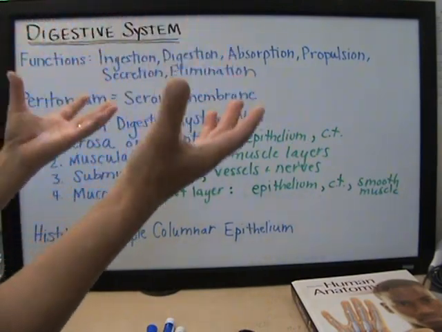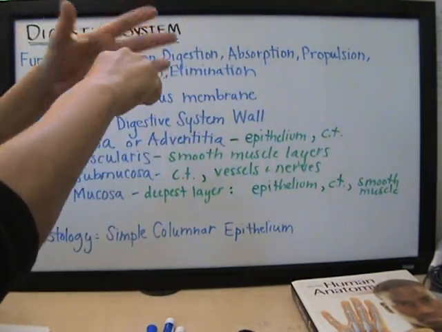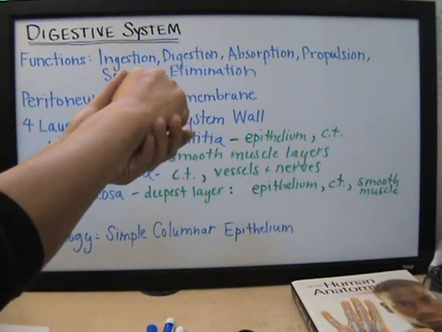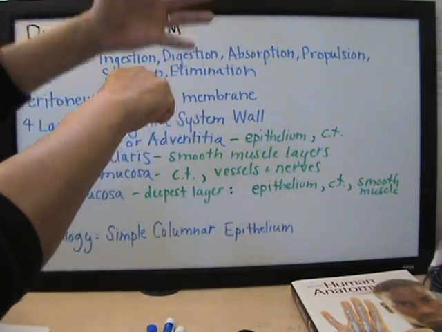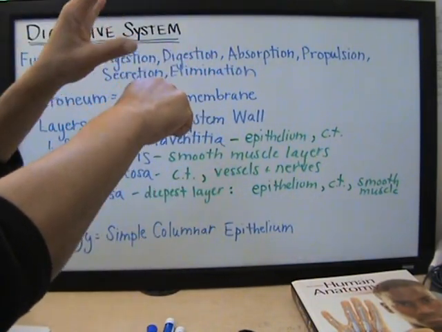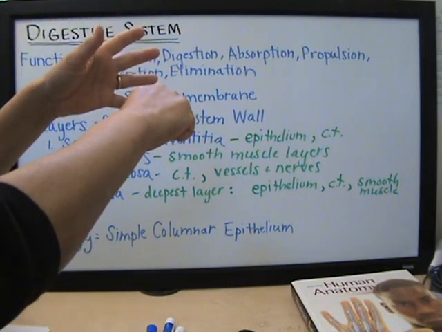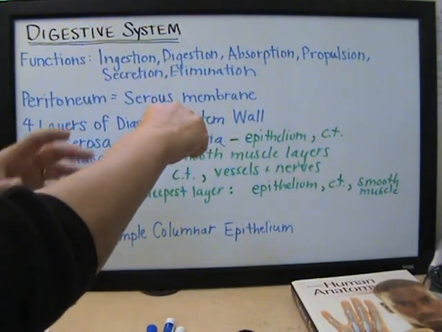I use the example of a balloon and putting your fist in a balloon. The visceral membrane adheres to the surface of the organ, while the parietal serous membrane is lining the cavity, and between that is the serous membrane cavity where the serous fluid is located.